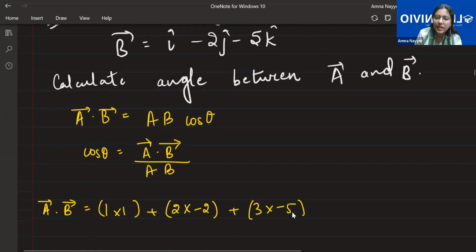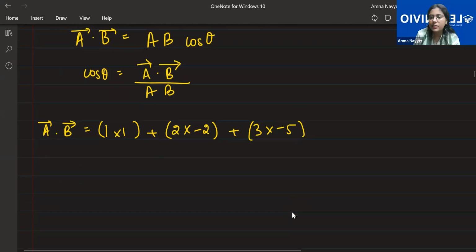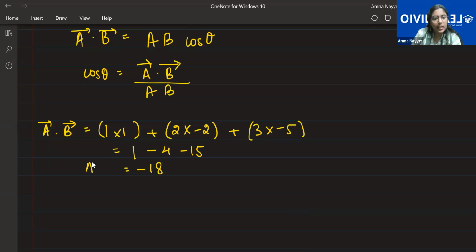That's how we have studied to solve A dot B in Cartesian form. So this will be 1, this is minus 4, this is minus 15. This is minus 19, this is minus 18. So A dot B is minus 18. Let's say this is equation 1.